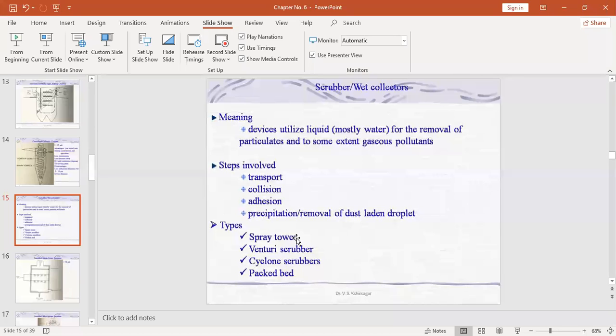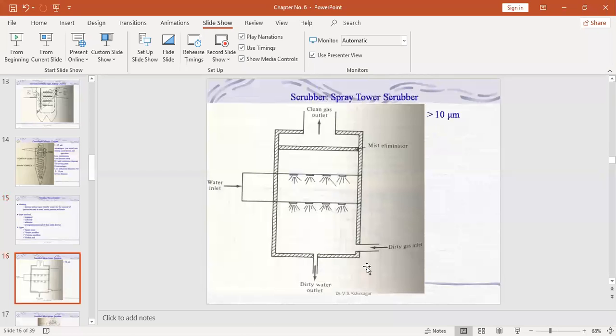Guys, have you written this one? If it is done, I will request you to draw the first type figure, that is the spray tower scrubber. So you please keep on drawing. In the meantime, I will take the snapshot for the attendance, and then we'll go for the next point.